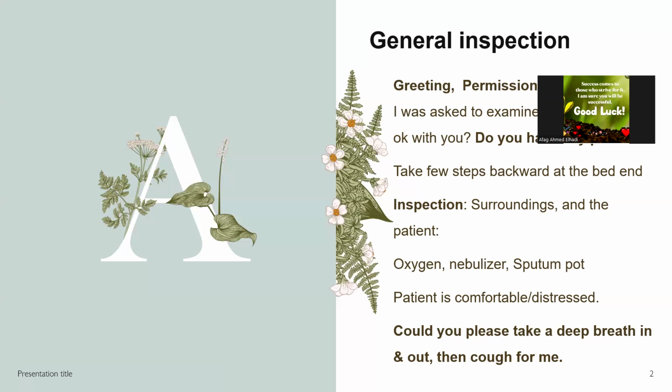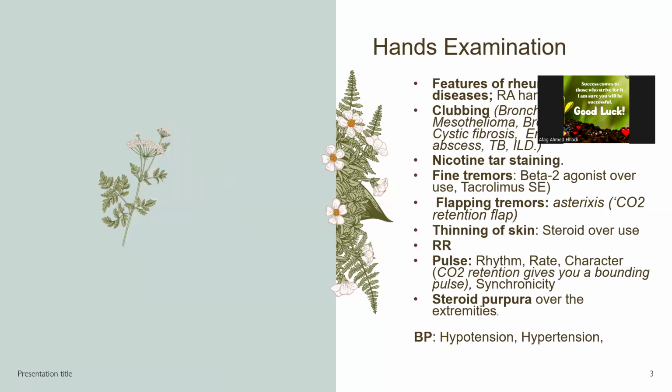Start with the hands. In the hands, focus on the fingers. So first, we will be looking for clubbing. For example, this patient has bronchiectasis, or cystic fibrosis, or cancer, or interstitial lung disease.